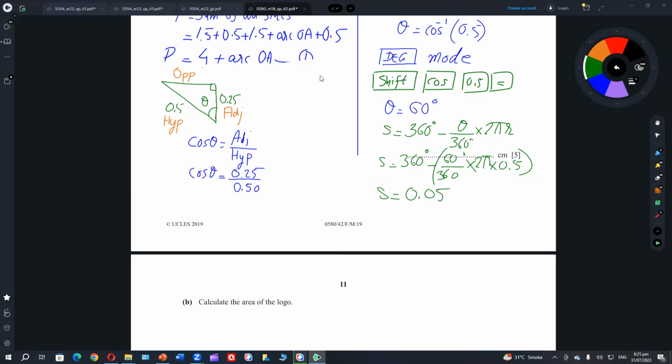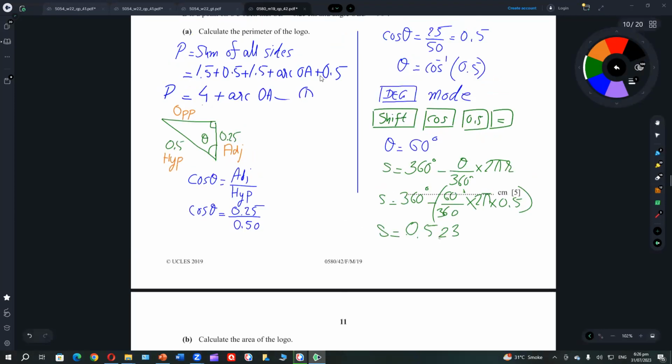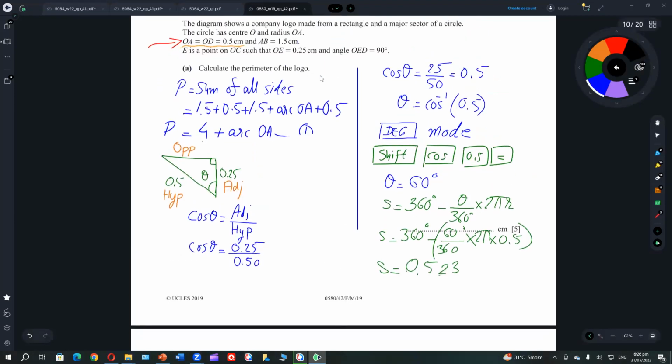But now I'm getting 0.523. We have to check.